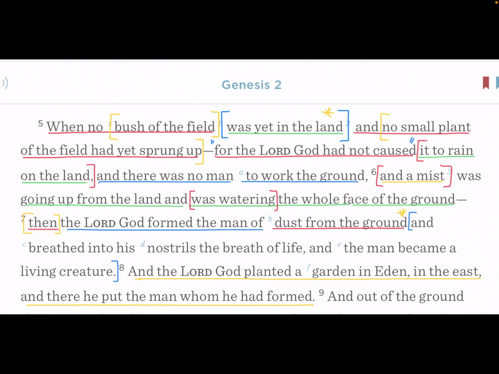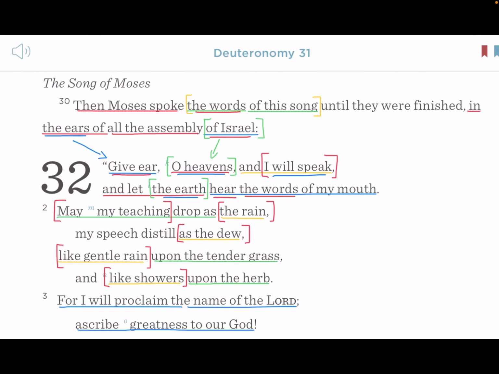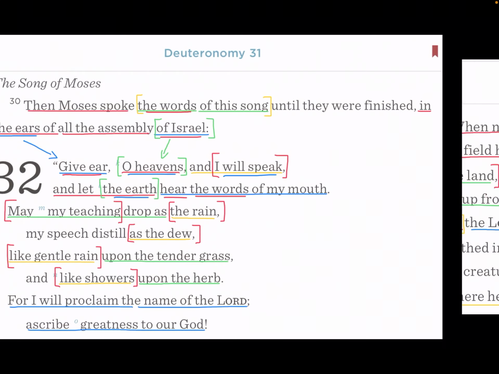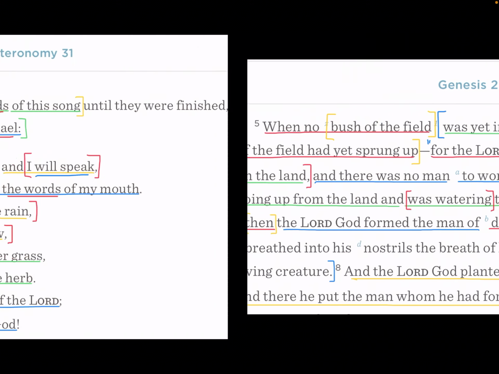And here in Genesis 2, the Lord had not caused it to rain. And here we have, may my teachings drop as the rain, like gentle rain upon the tender grass and the herbs. And here we have no bush of the field or small plant had yet sprung up.